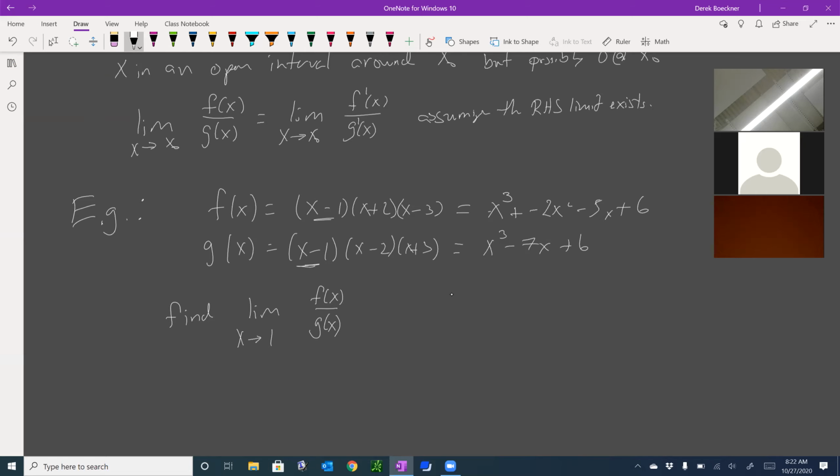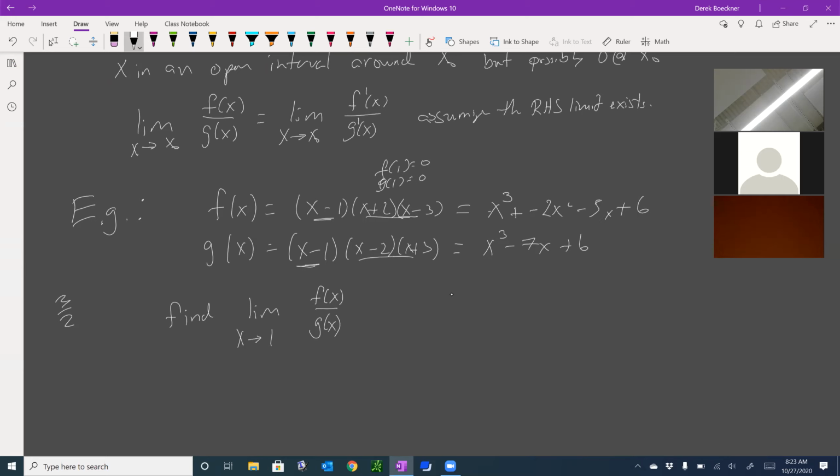I could factor this out, cancel, and evaluate at 1: 3 times negative 2 is negative 6, over minus 1 times 4, so I get 3 halves.